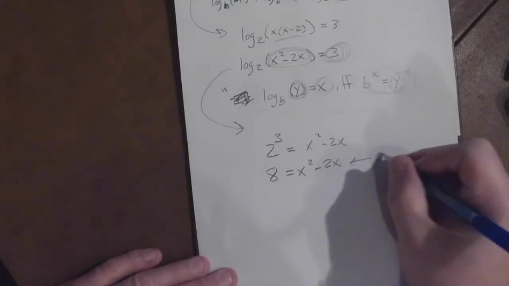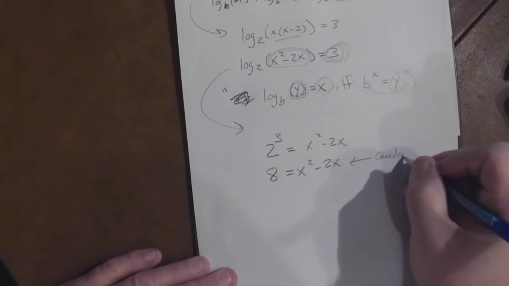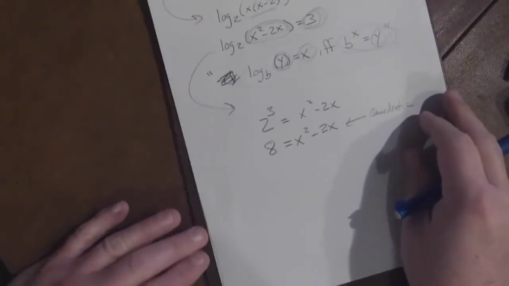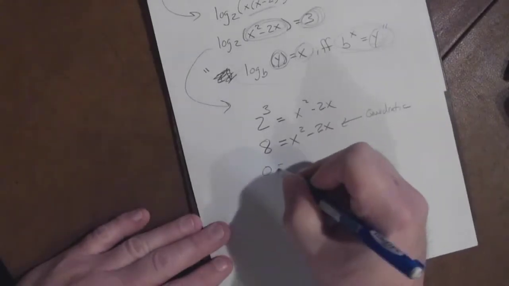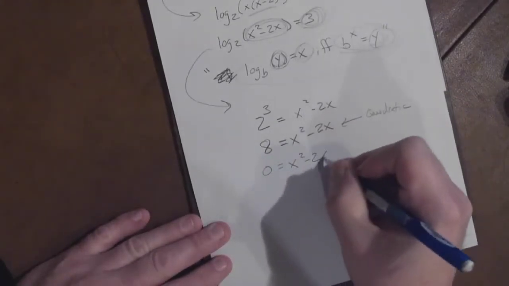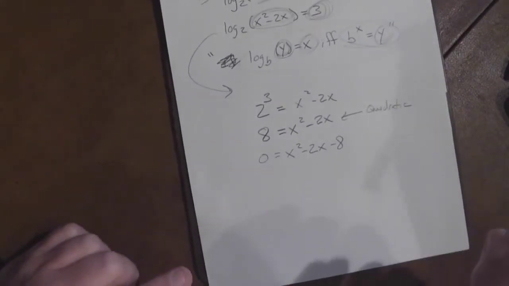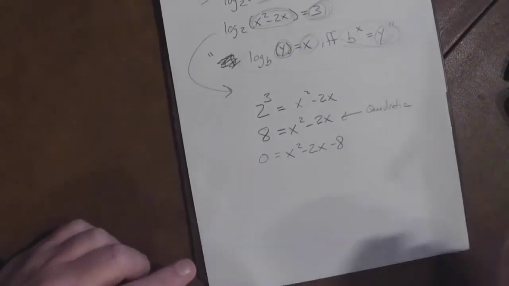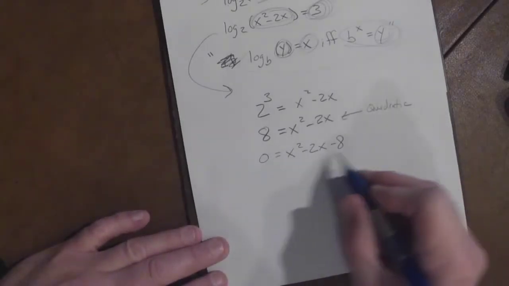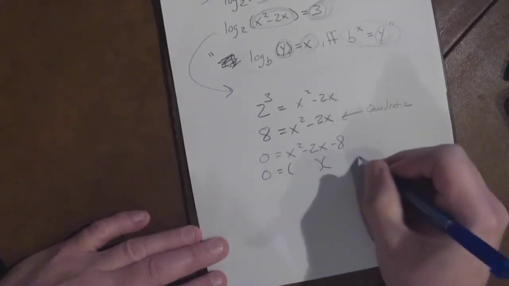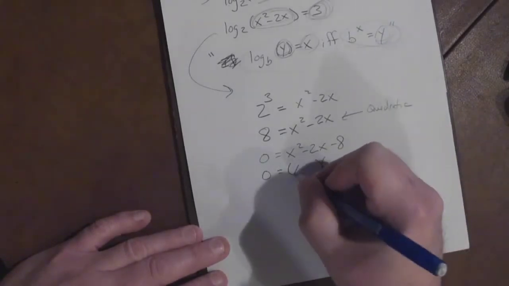And remember, folks, you should recognize this is a quadratic equation, where to solve this quadratic, we have to begin by setting it equal to 0 by subtracting that value of 8 from both sides. Once set equal to 0, we can now attempt to factor it if it factors.